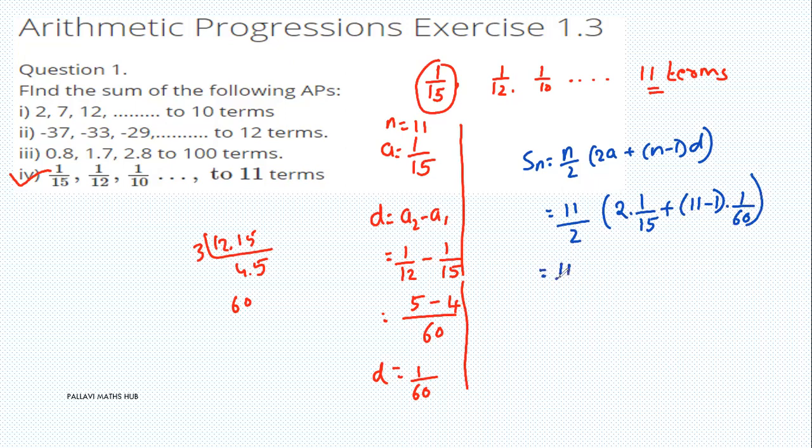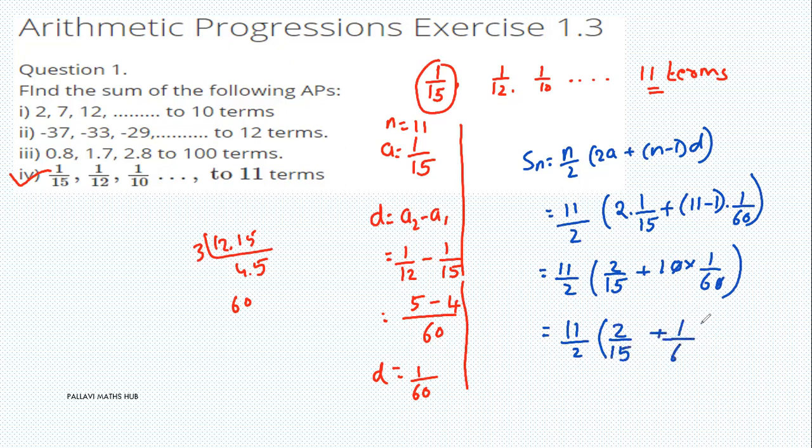So this equals 11 by 2 into 2 by 15 plus 11 minus 1 is 10 into 1 by 60. The 0s get cancelled, which equals 11 by 2 into 2 by 15 plus 1 by 6.